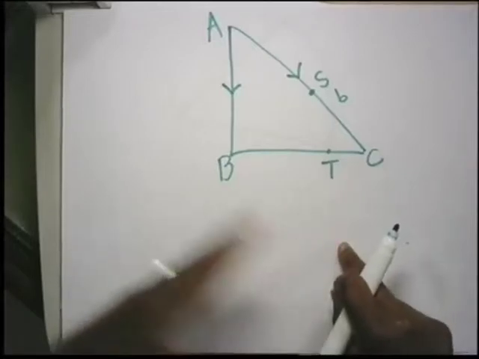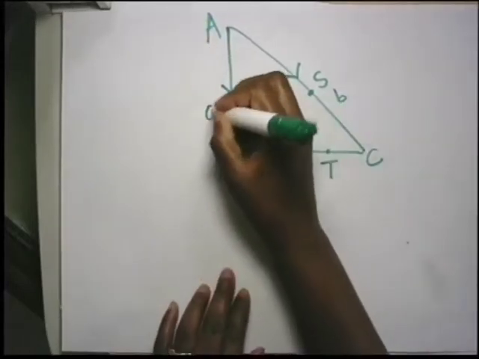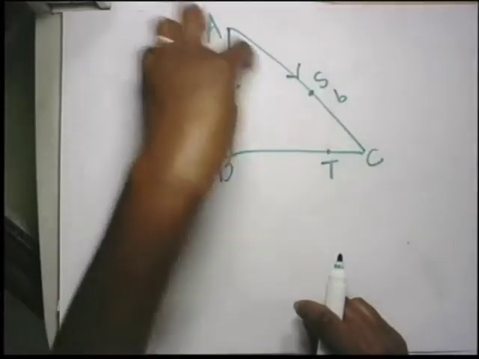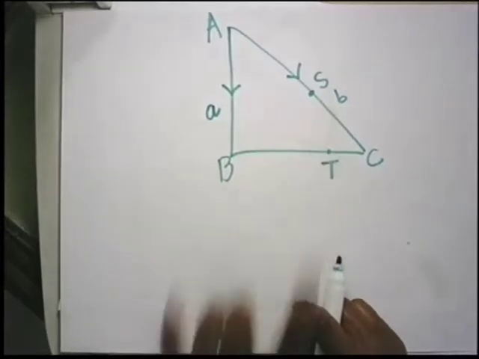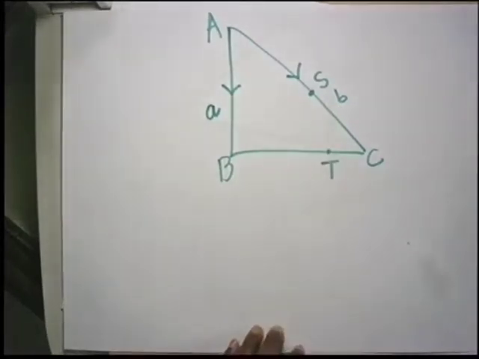And this vector AB is denoted by a small a, and this line AC is denoted by b. All right. Now express the following in terms of a and b. Just in terms of a and b. Use a and b as your answers.